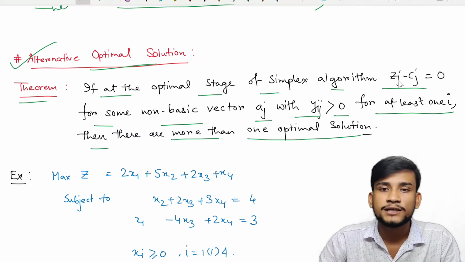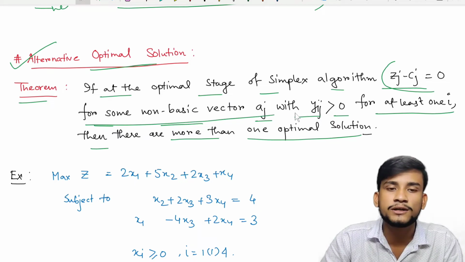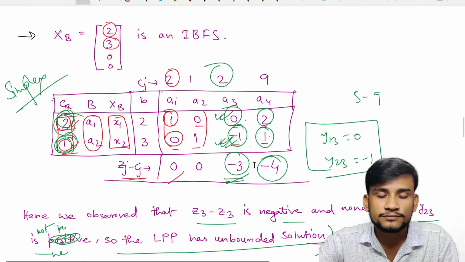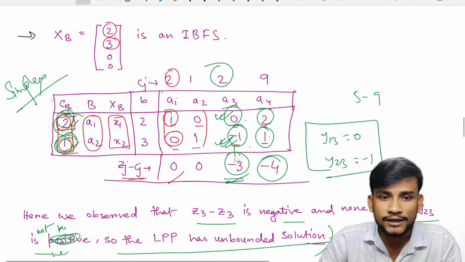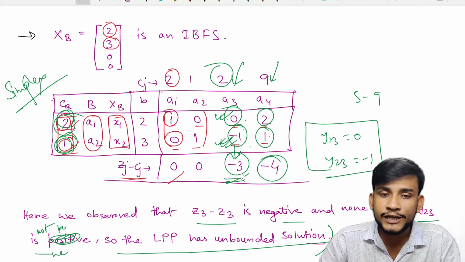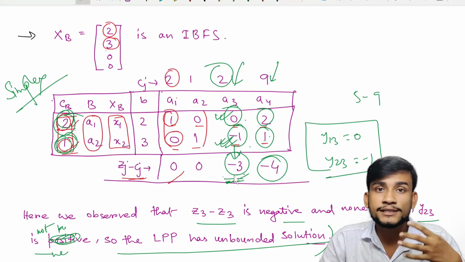That means, here a3 and a4 are the non-basic vectors. If z3 minus c3 equals 0 corresponding to the non-basic vector a3, then we say that the LPP has more than one solution.